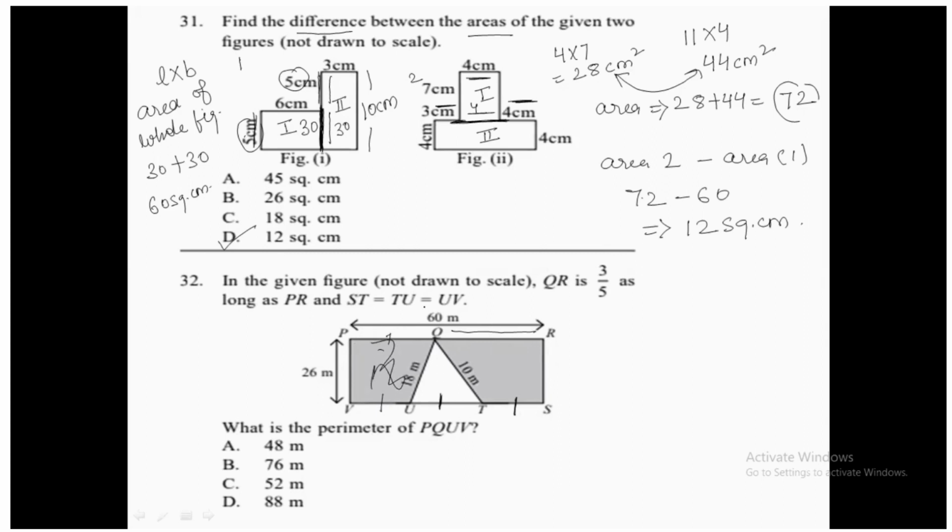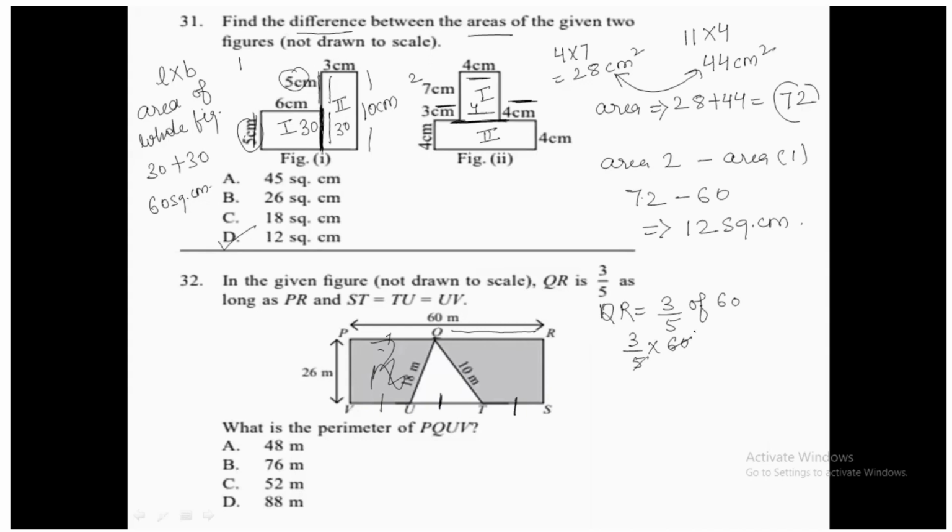Okay, so how are we going to do it? Let's see. In the question, it is given that QR is equal to 3/5 of PR. So what is the length of PR that we have? The length of PR is given in the question as 60 meters. So we will put 60 over here. So 3/5 of 60 is 3/5 multiplied by 60.